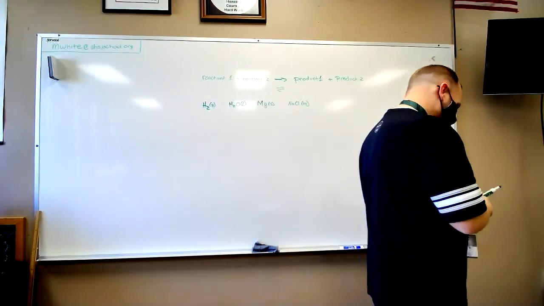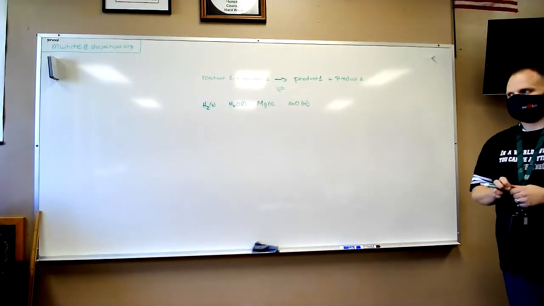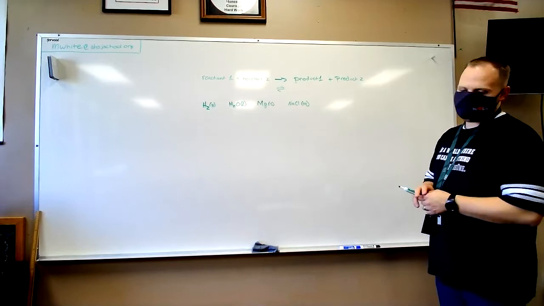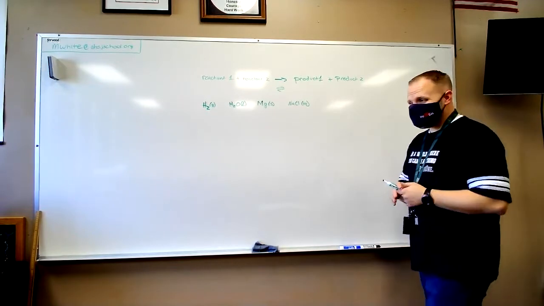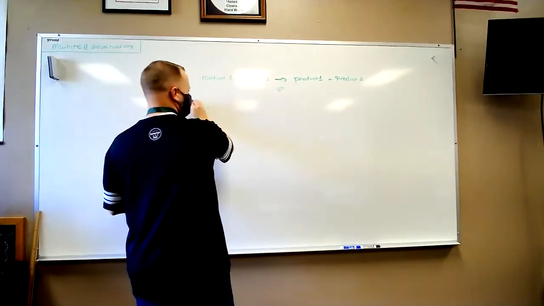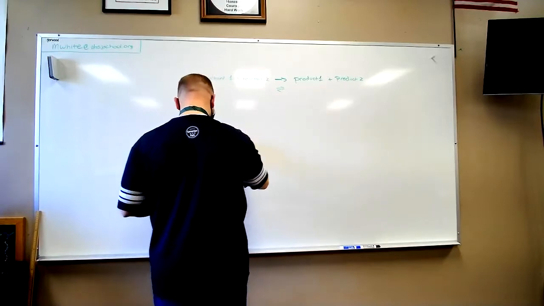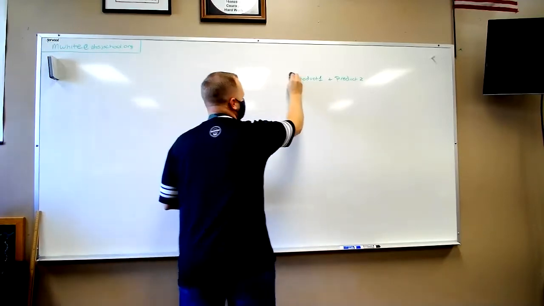So let's look at some examples of actual chemical reactions, and we'll give some real examples of how it's done, because obviously that is just a general guideline of how to write it.